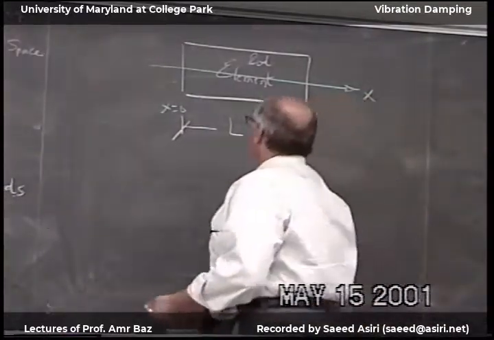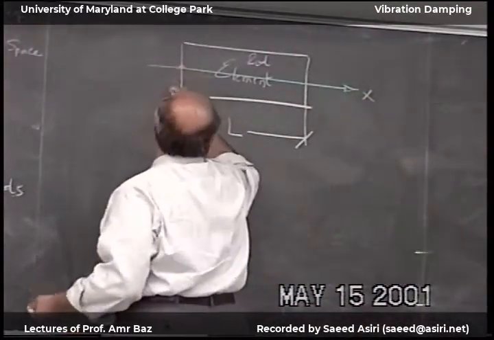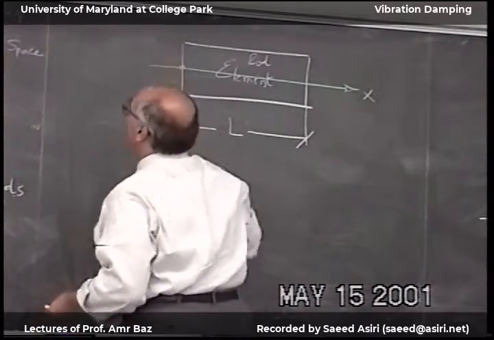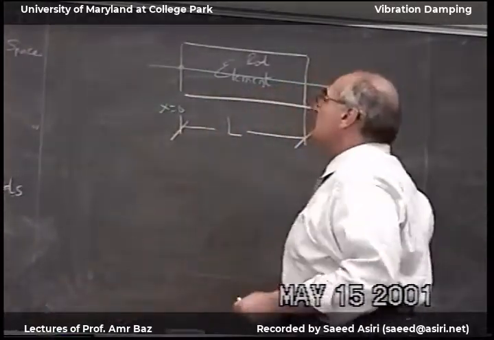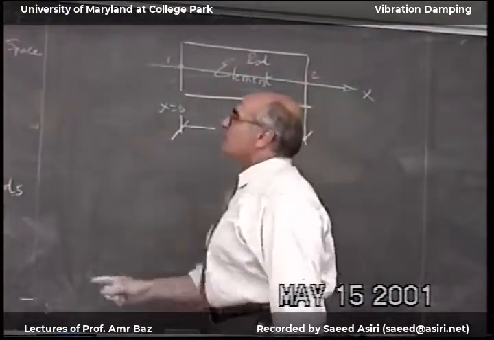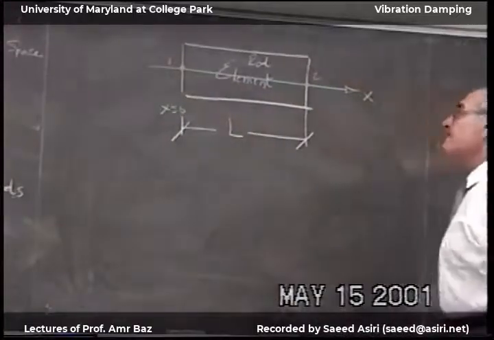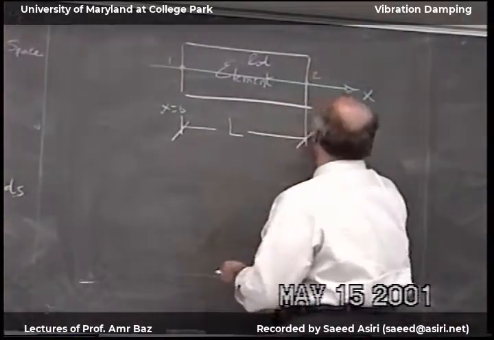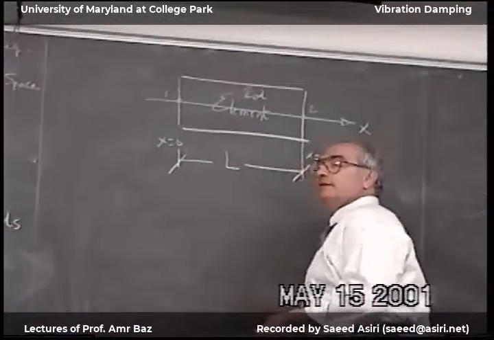And then now I have 2 nodes. I'm going to write the nodes 1 and 2, so we don't mix them with the i and j, okay? And here x is equal to 0, and here x is equal to L.